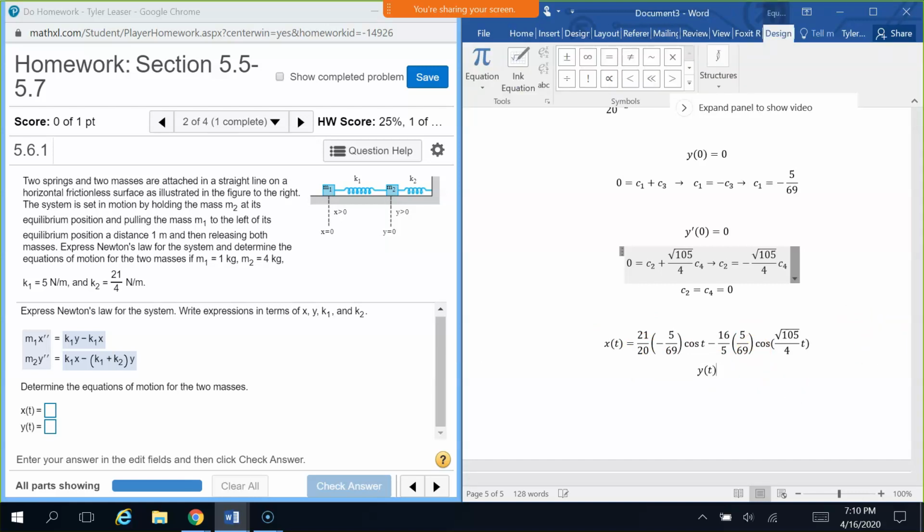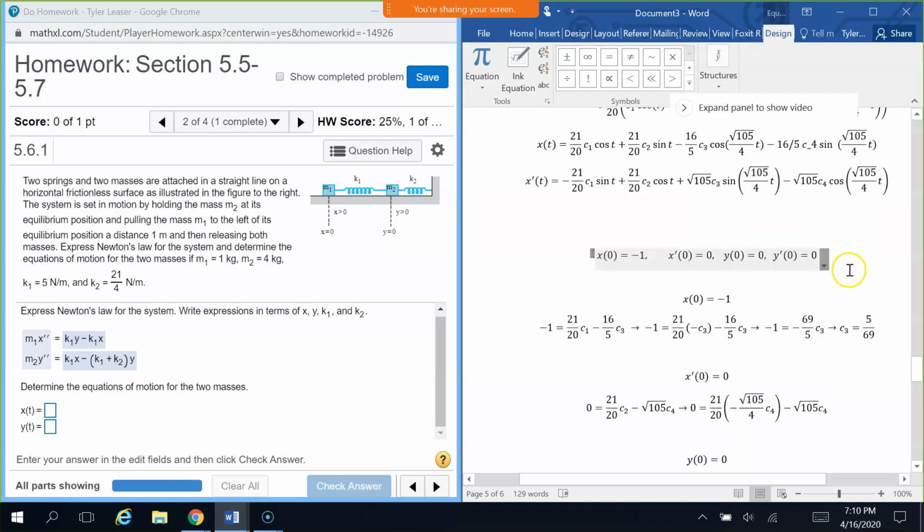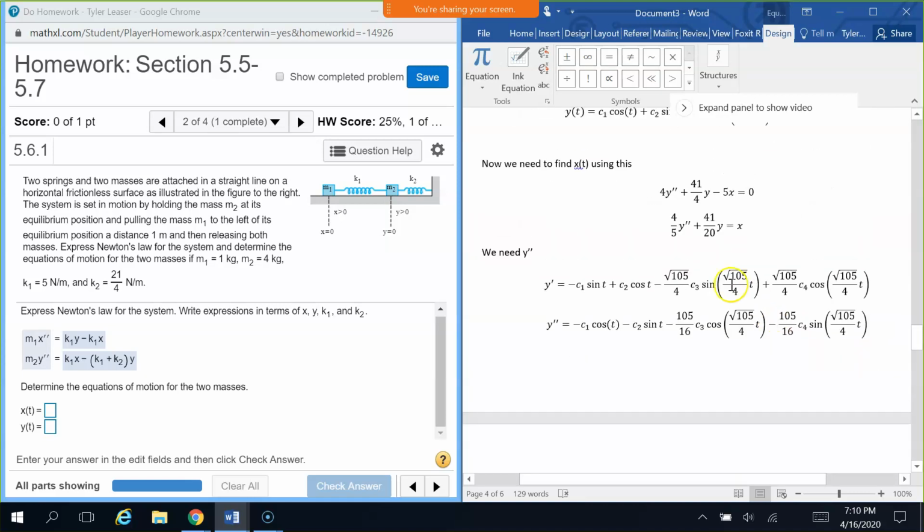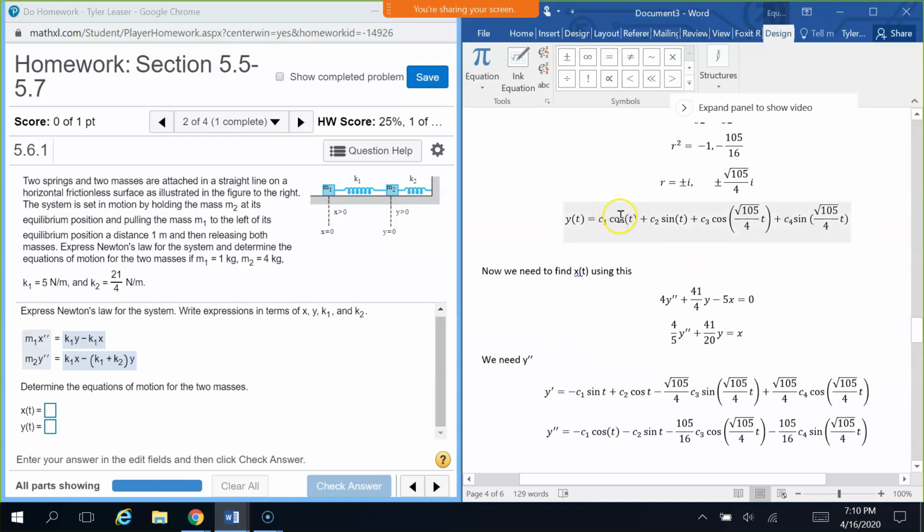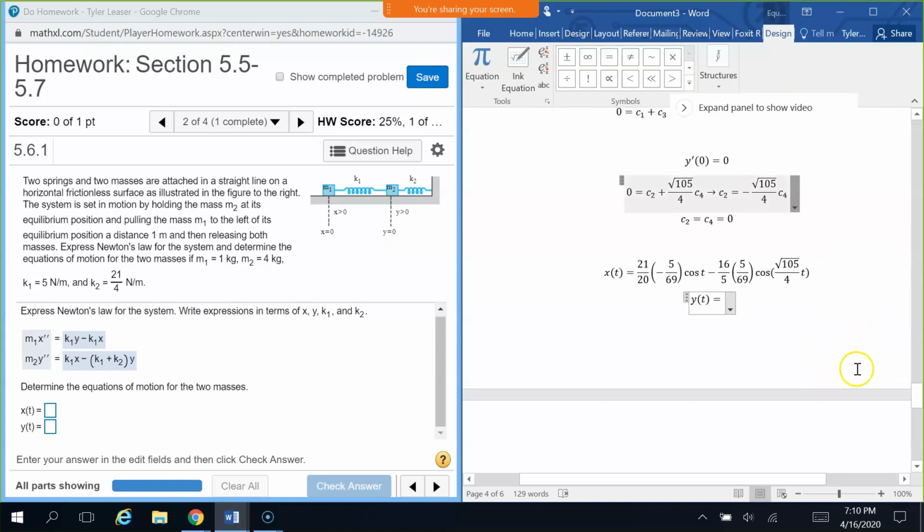Y would be the same thing. So y would be plugging in the C1 and the C3. So it looks like it's C1 cosine t and C3 the other cosine. So negative 5 over 69 cosine t, and that's going to be plus 5 over 69 cosine of that awful square root one.